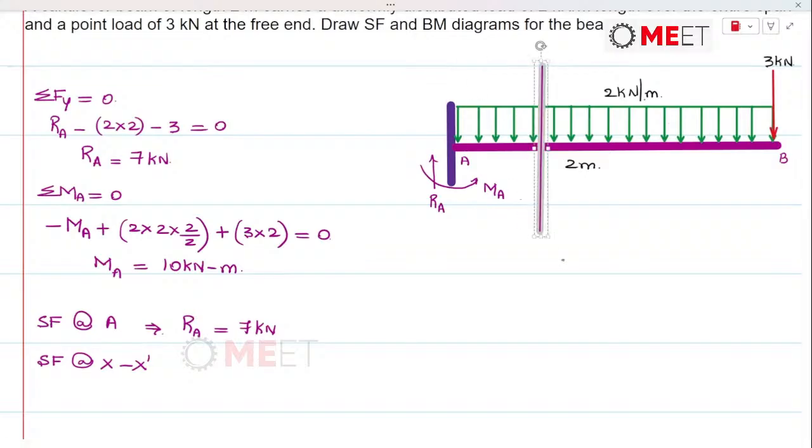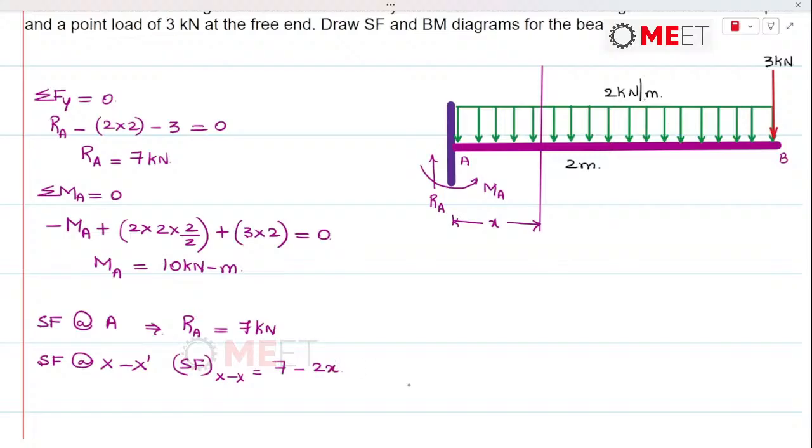We are placing a section XX at a distance of x from point A. At section XX we find the RA force, and along with that UDL is distributed over a span of x meters. So RA, that is 7, minus UDL, height of UDL 2 times x.